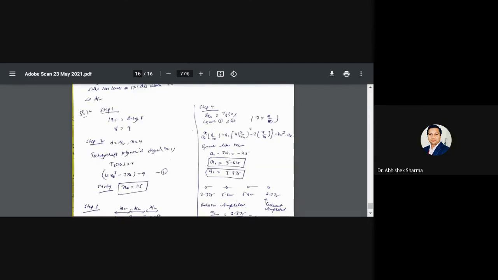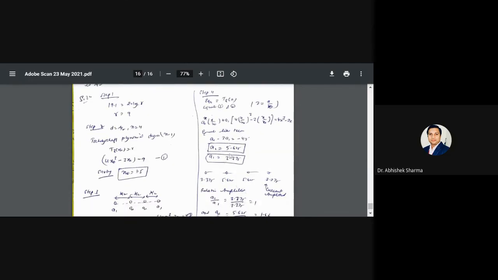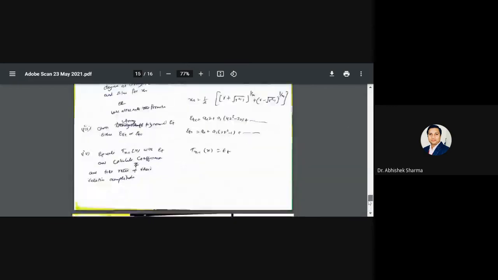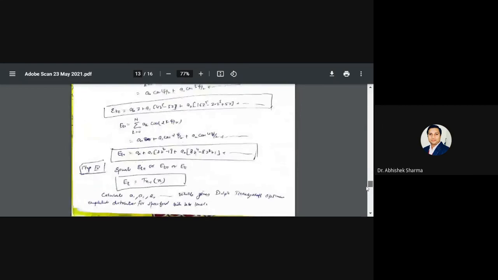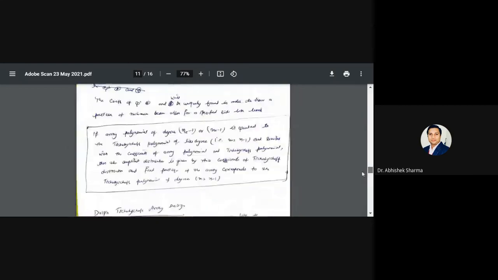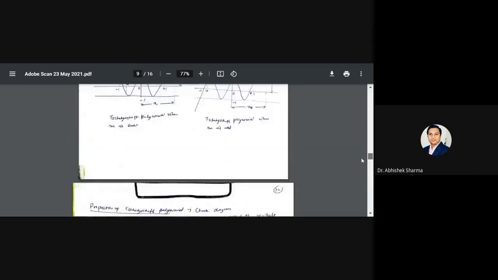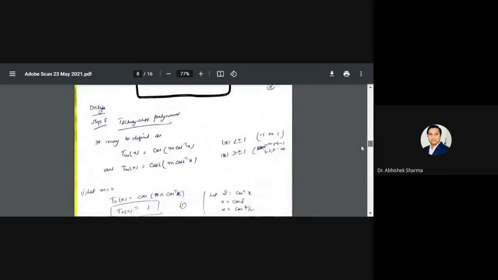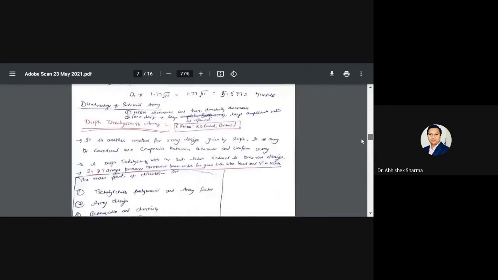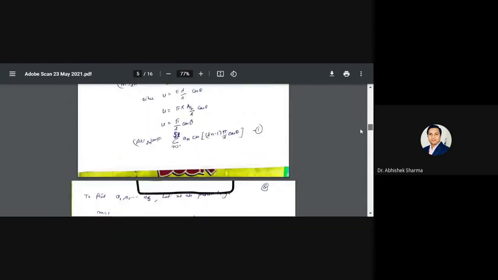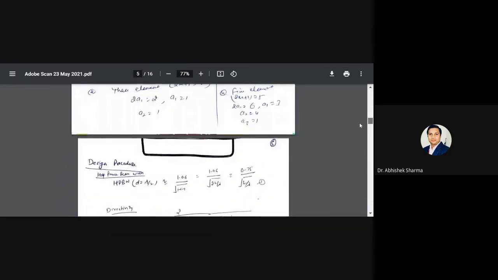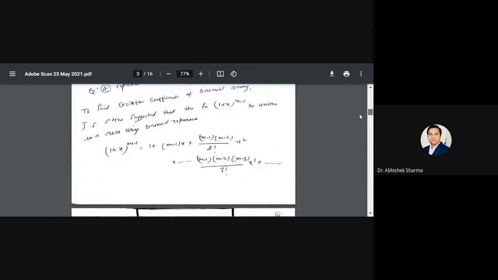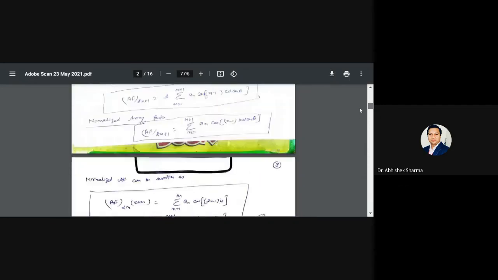Now from the values of these A's, we can form the array factor easily. So the array factor can be formed by using this.